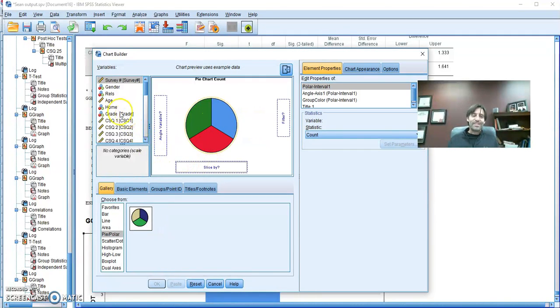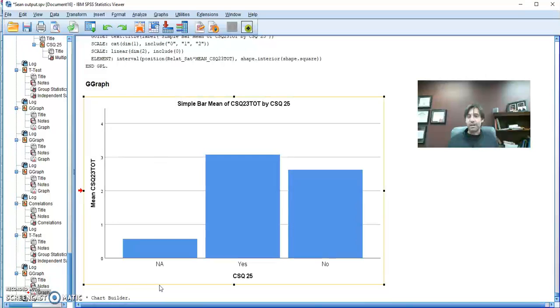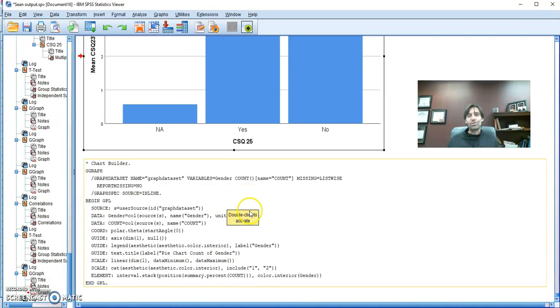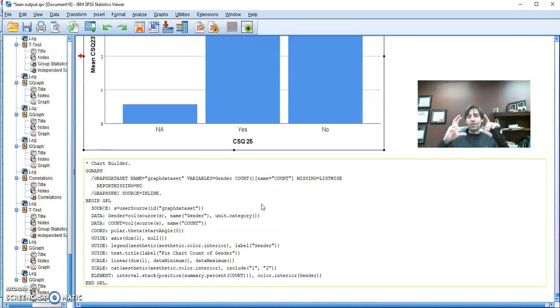Okay. So then you'll just put gender down here, and you don't have to do much with it. Just slice by gender, and boom. Let's just create that really quick chart, really easy visually on the eyes. If you want to do something like that, this is a really good way to just get a quick visual.